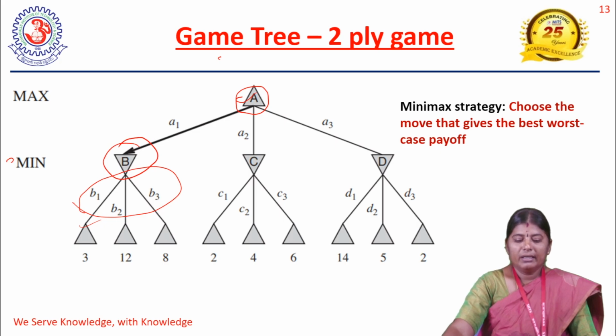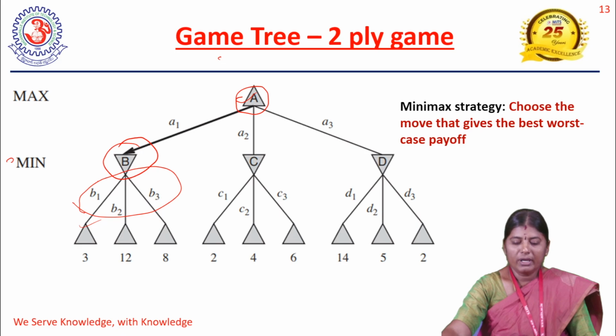So here, from the root node, the tree has to be traversed until it reaches the leaf nodes, and the values are backed up towards the parent. Now, initially in the algorithm, as we said, this value will be initialized to infinity. Then this value is compared with the maximum of its nodes.